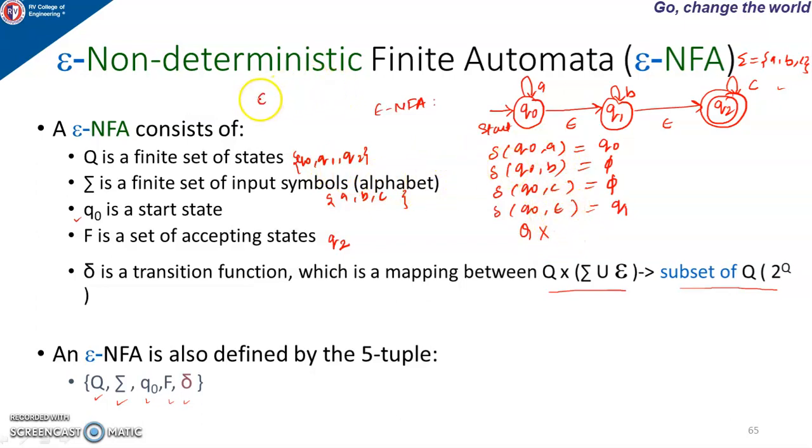Always remember, epsilon does not belong to the input alphabet, so it is sigma union epsilon, because the second parameter can be epsilon, or no input, or we can say null. The result can be Q naught, Q1 or even phi, so it is a subset of Q, or 2 to the power Q. That's how we write the transition function for null NFA.